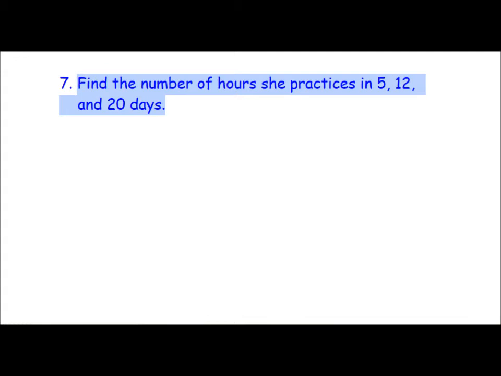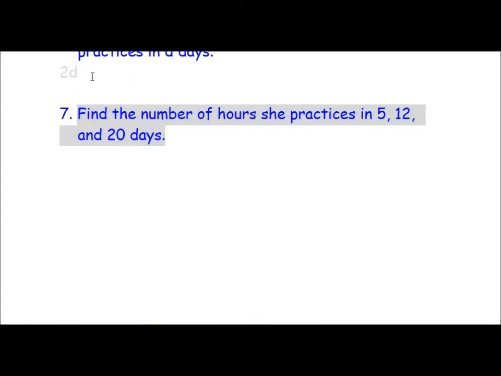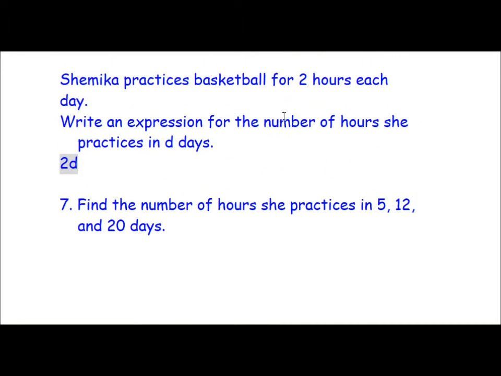For this, you just need to use the expression we calculated before, 2d, and substitute d with these numbers. 2 times 5, 2 times 12, 2 times 20 will give the answer for each of these.